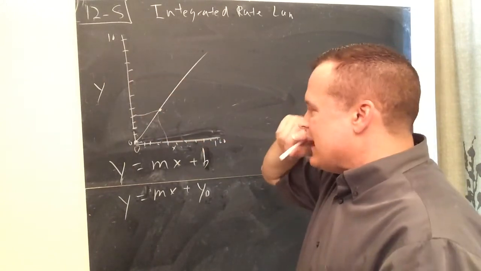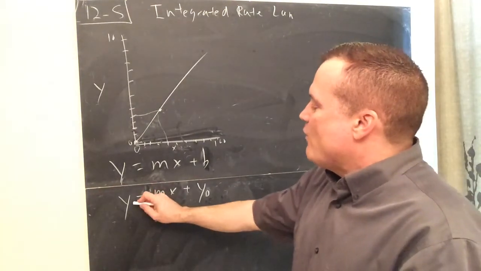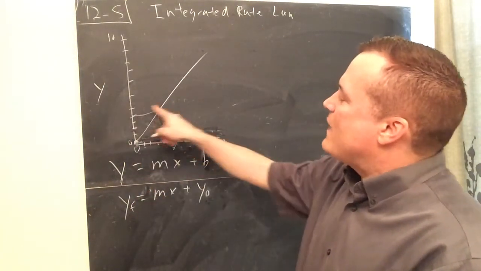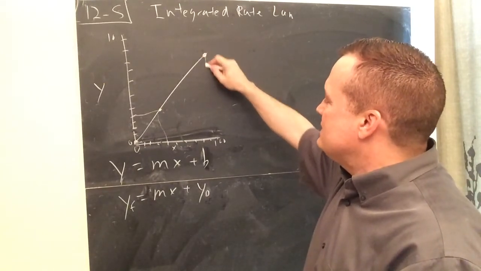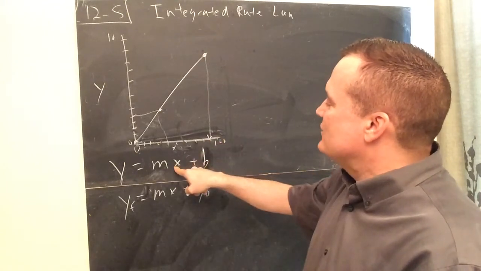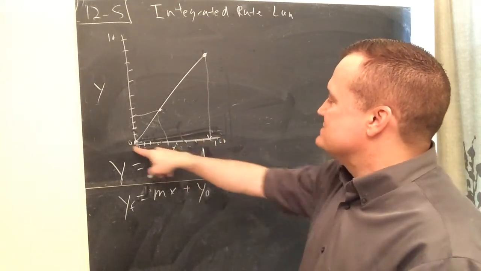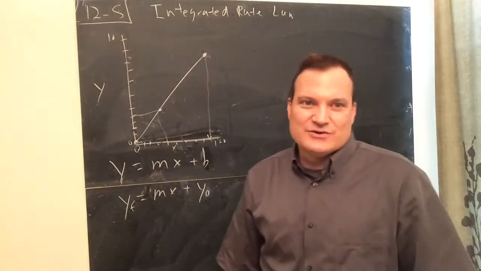So don't worry if I'm saying too much, but to find the final y value, all I need to do is take my x value, multiply it by the slope, and add it to 0 in this case, and I get that y value. You're just reading a graph.